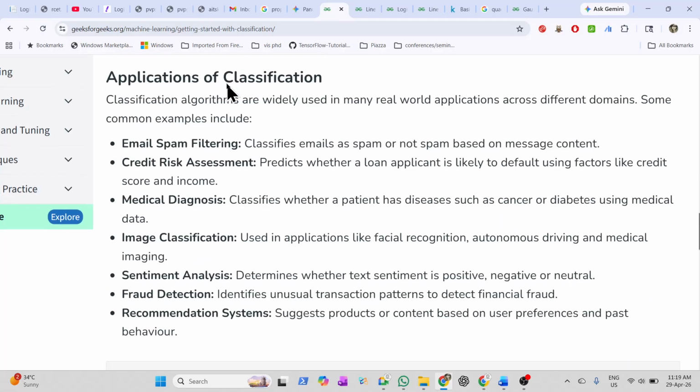Applications of classification include spam email filtering, credit risk assessment.